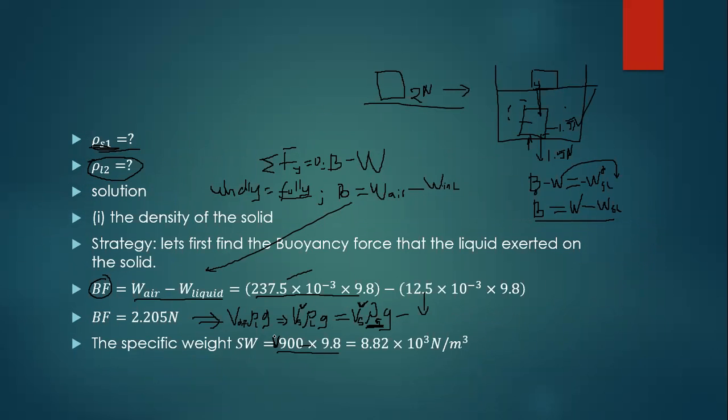We have used it to find the specific weight because we don't have the volume yet. We don't have the volume, but we can find it by dividing this buoyancy force over specific weight. Is that okay?